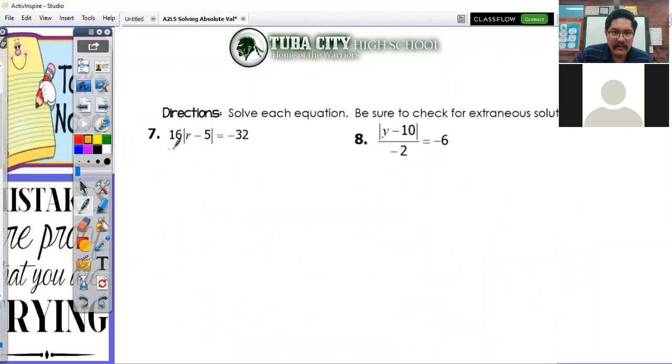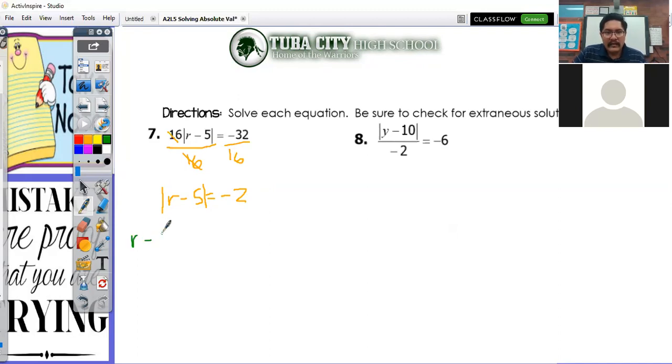First thing I want to do is divide both sides by 16, so I can get this 16 out of the way. And I get r minus 5 equals negative 2. And the absolute value sign is still there, so we didn't do anything to get rid of it just yet. But we got to get rid of it by making our two cases.